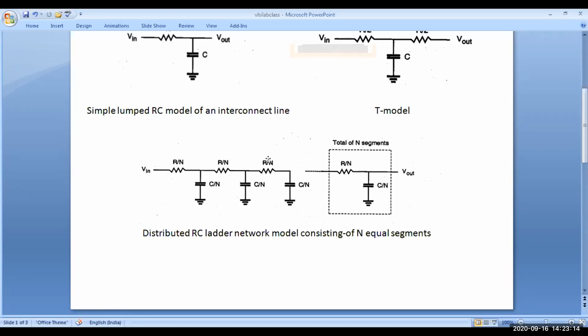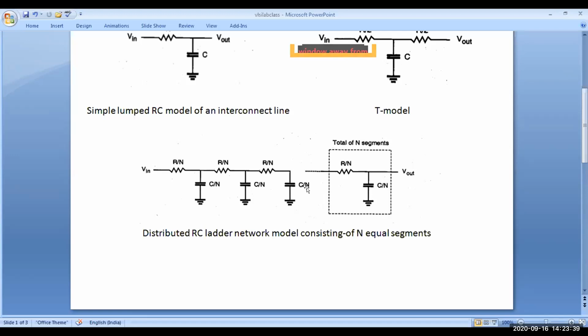Yes. So we got those values. Then what will be the values for capacitance? We got the total capacitance for the first segment. Then we have to divide it by 5 for each of the capacitances of the ladder network. 5 capacitances. So what will be the value of capacitance?